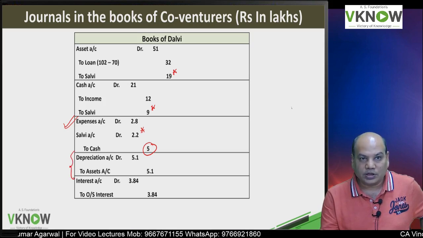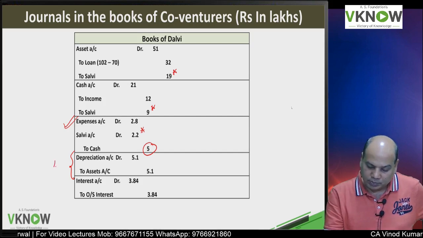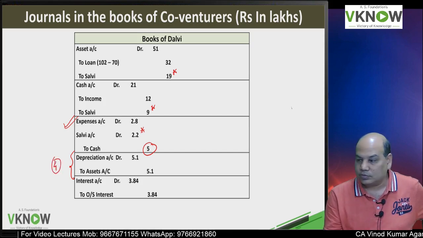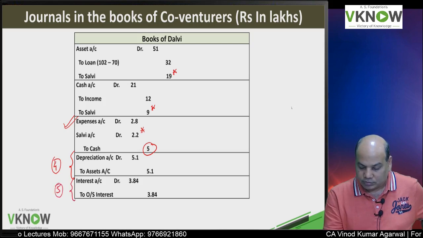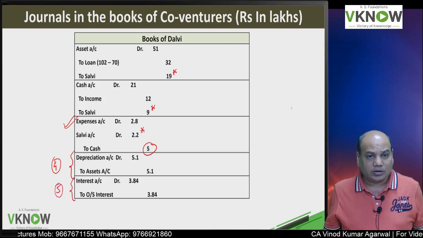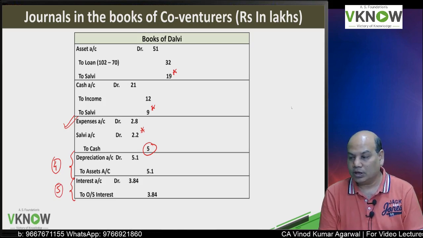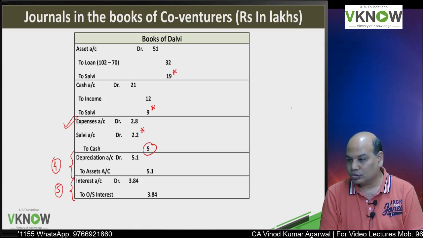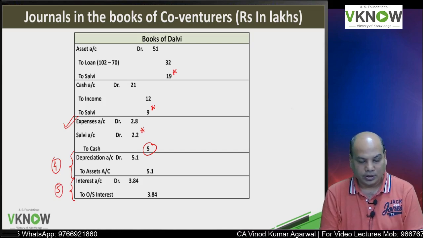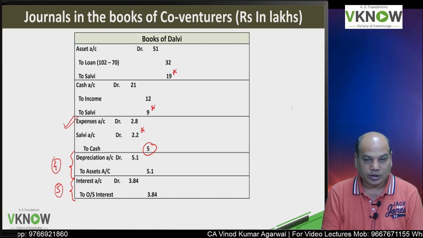Fourth entry, depreciation account to asset account 5.1. And fifth entry, for interest, their interest accrued is 3.84. Interest account debit 3.84, to outstanding interest 3.84.